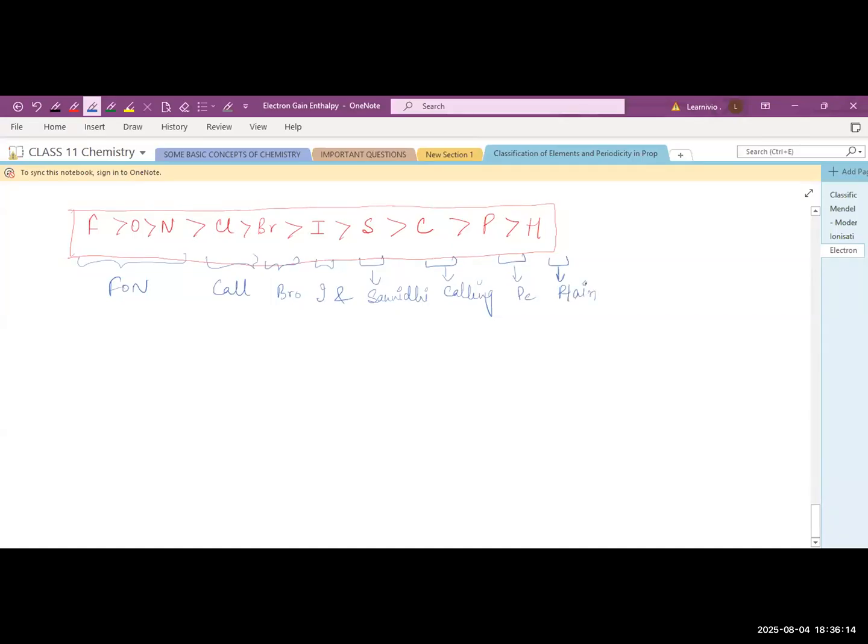Okay, so fluorine is the most electronegative, then oxygen, then nitrogen, and so on. So just learn this sequence. This is very important.